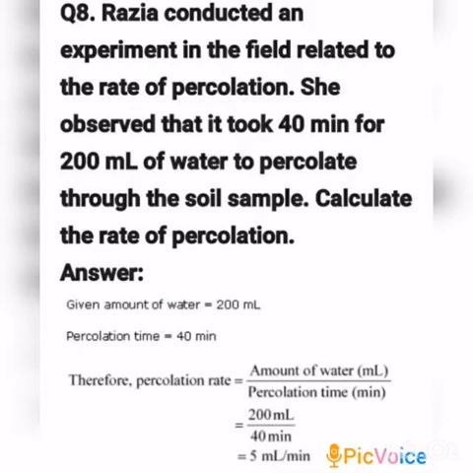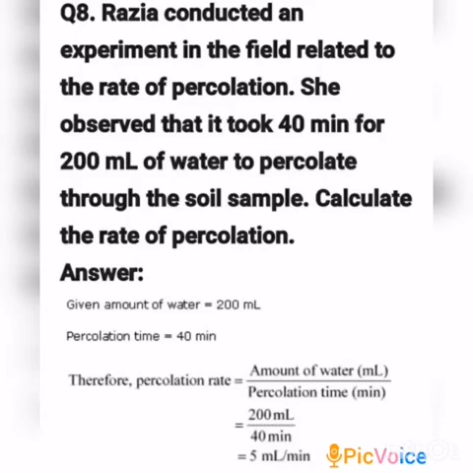Therefore, percolation rate is equal to amount of water divided by percolation time. The unit of amount of water is milliliter, and the unit for time is minute.